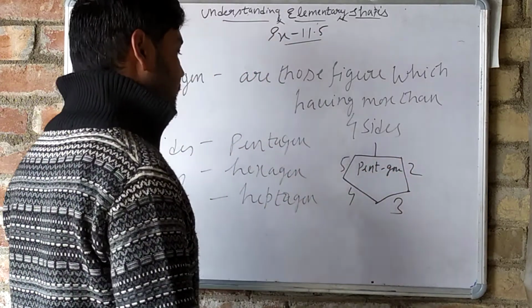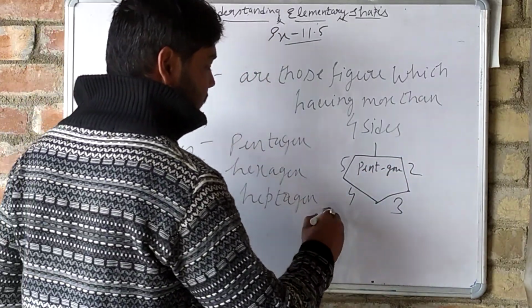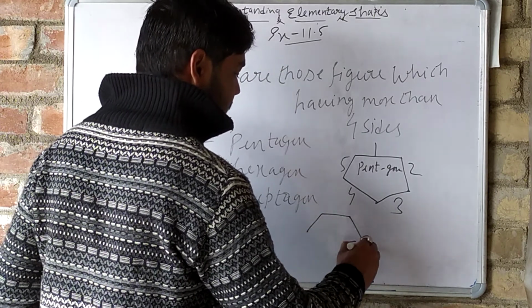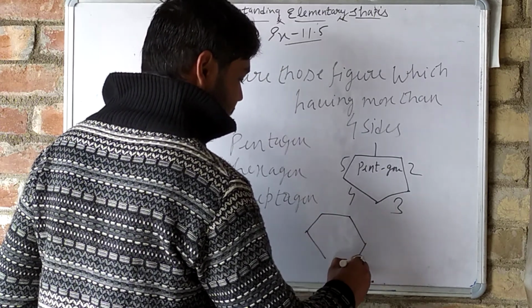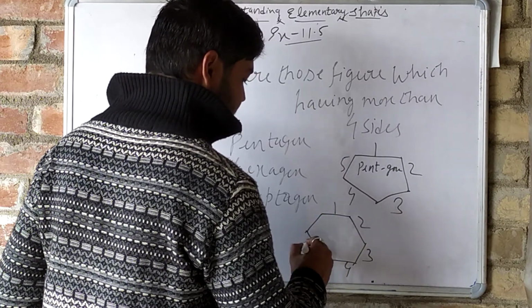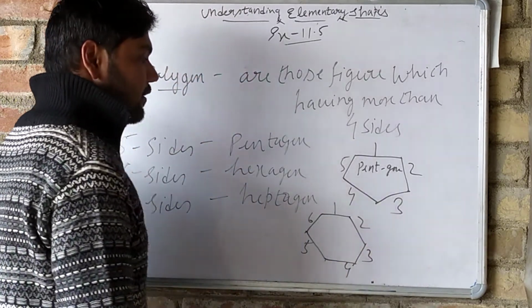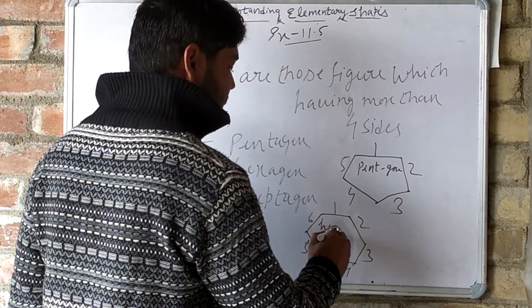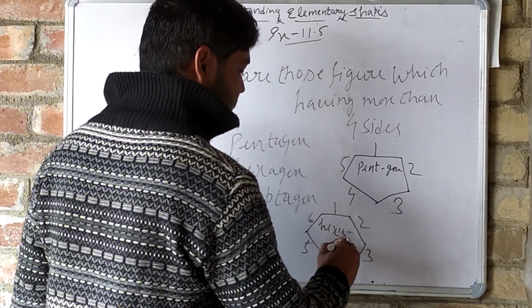Then it is a pentagon. Hexagon means a 6-sided figure. 1 side, 2 side, 3 side, 4 side, 5 side, and this is 6 sides. So hexagon.